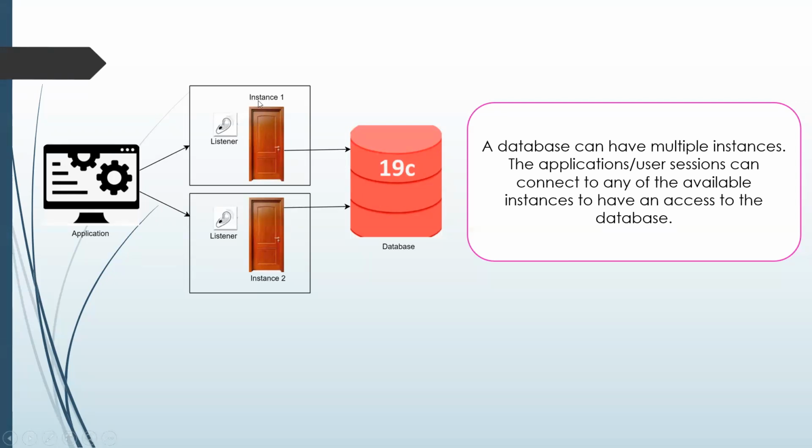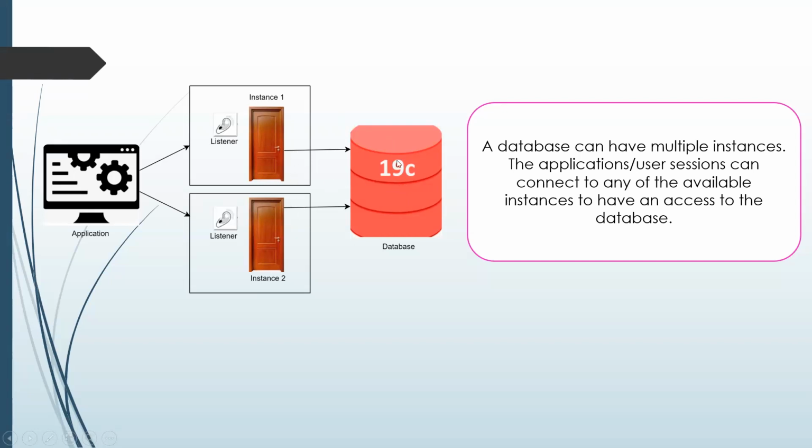Like I said in the previous slide, this instance is present in the RAM, and if this instance is not loaded inside the RAM, the applications won't be able to connect to the database. So in case of Oracle, the applications have to connect to the instance, and through the instance they will be able to establish a connection to the database.